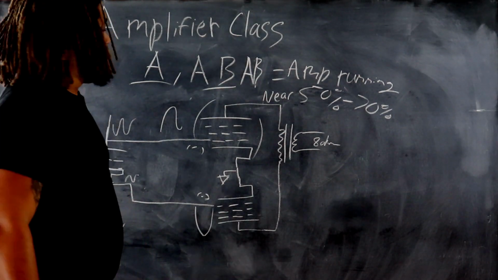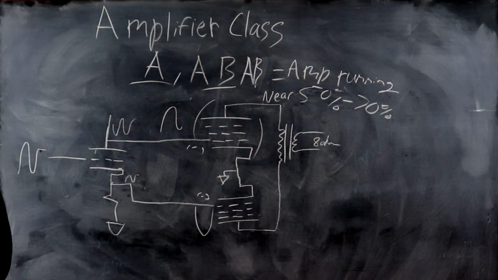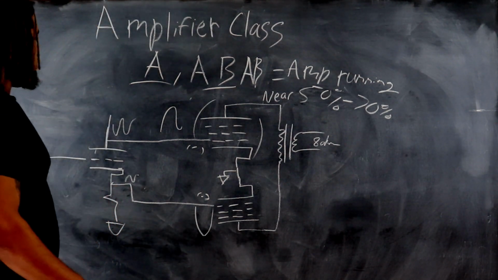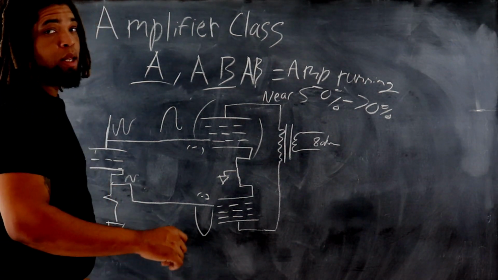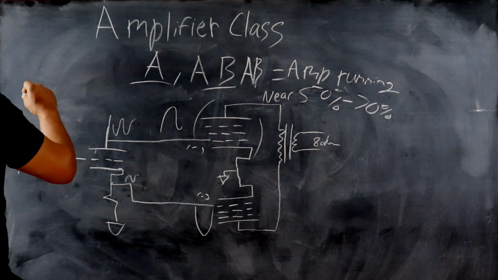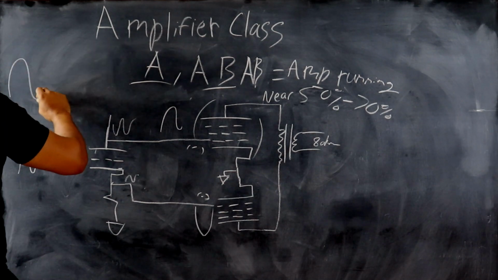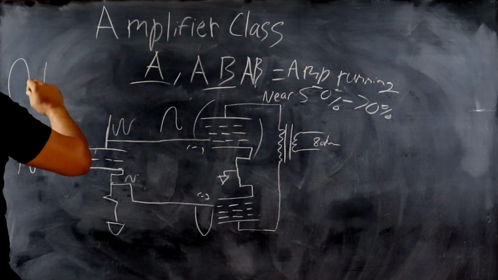crossover distortion. Now we say, okay, well, what's crossover distortion? Well, crossover distortion is something that will look like this. Let me see if I can get this here on this side. So we have our sine wave, which looks like that.